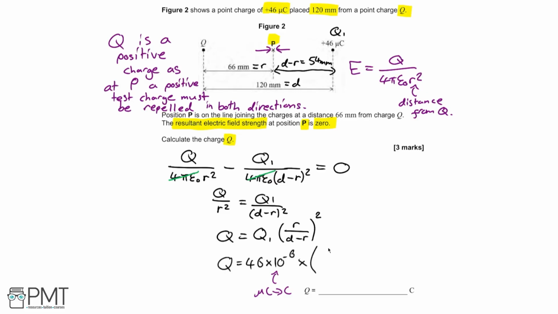Specifically, we have R is 66 millimeters and D minus R is 54 millimeters, like I annotated above, all squared. So in this case, the millimeters will cancel each other. This will lead us to the conclusion that Q is 68.716049 times 10 to the minus 6 coulombs, which is approximately 6.9 times 10 to the minus 5 coulombs to two significant figures.